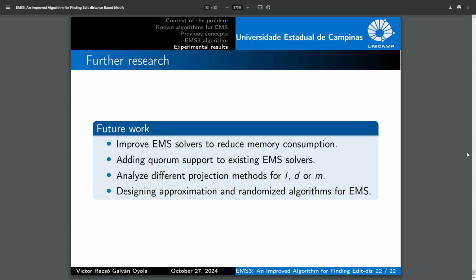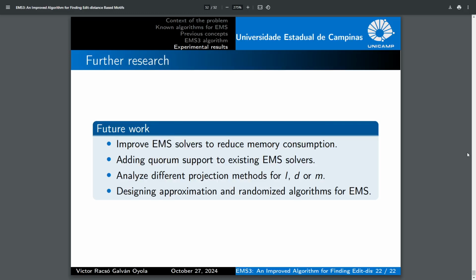Finally, further research includes improving the EMS solvers to reduce memory consumption. We have seen that if we reduce memory consumption, then we might as well be able to solve bigger instances. Adding quantum support for existing EMS solvers, obviously to solve the QEMS problem. Also analyze different projection methods for the other parameters.